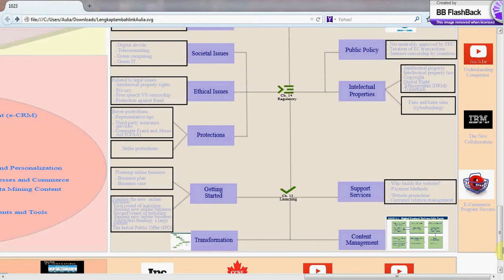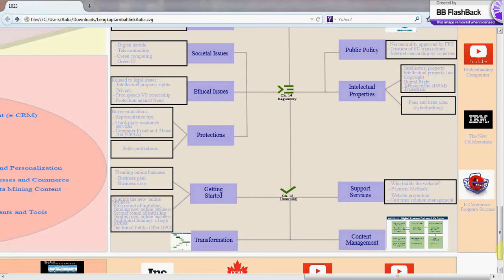And how about public policy? We have 3 kinds of public policy here. First of all is net neutrality approved by FCC. The second is taxation of e-commerce transactions. And the third is internet censorship by countries. As you can see, some countries maybe block some websites to protect their citizens.